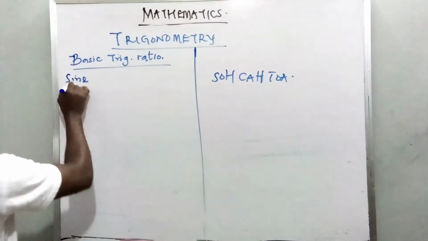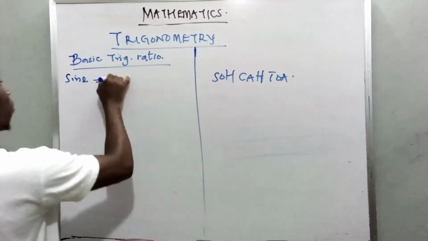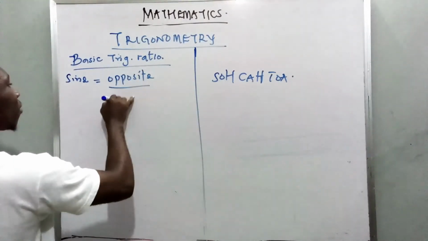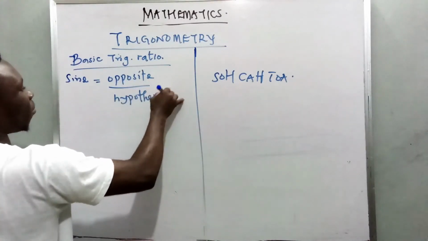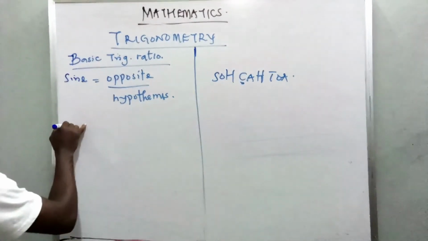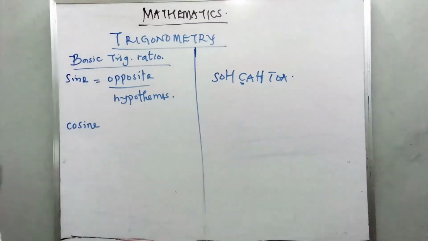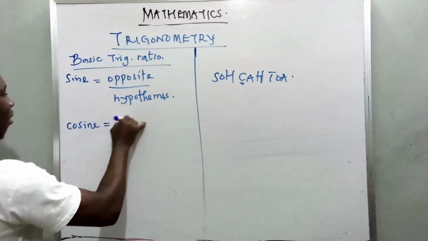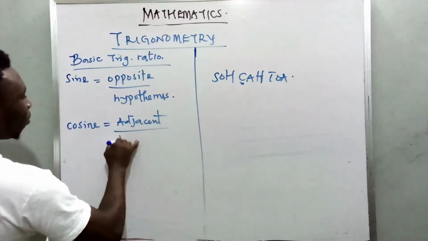Your sine is given as your opposite over your hypotenuse. Don't forget, your hypotenuse is the longest side. The next one is your cosine, also known as cos, given by the adjacent over the hypotenuse.